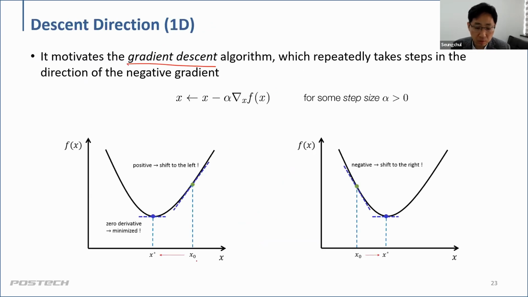What I'm saying is, we don't know the optimum, so let's start with a random initial guess and compute the gradient. It's positive. That means if I walk this way, we get higher values in a small neighborhood, because we know the slope, so the objective function will go up.